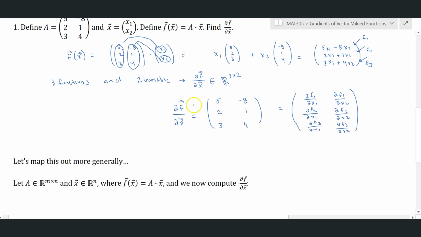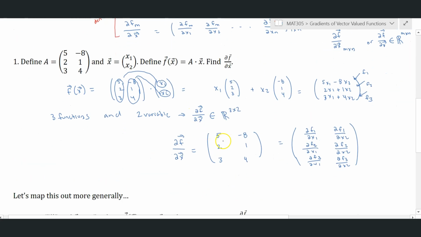Okay, so notice that really all a gradient matrix is, is a gradient corresponding to each of our functions. So we have the gradient of f1 in the first row, gradient of f2 in the second row, gradient of f3 in the third row. Just so we're familiar with this, I will write this first row as the gradient of f1.